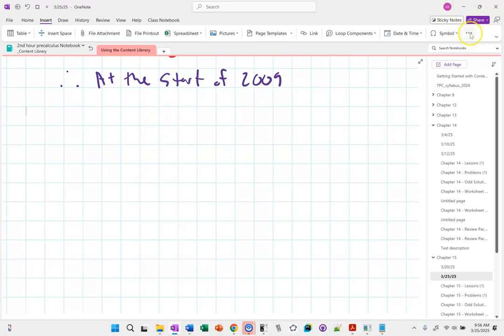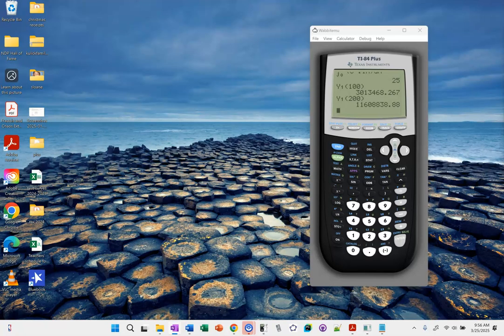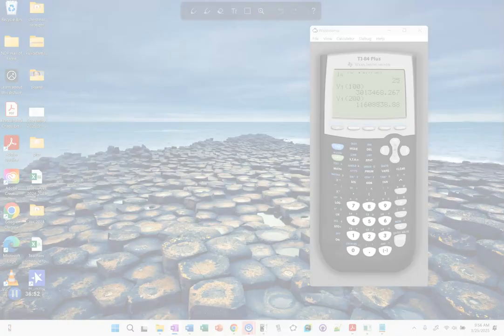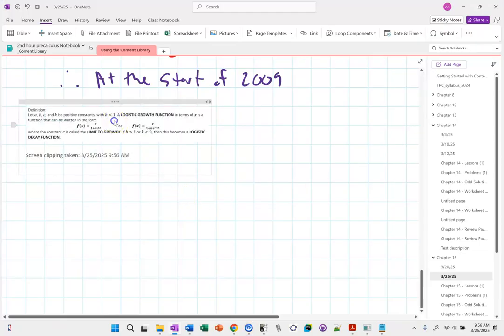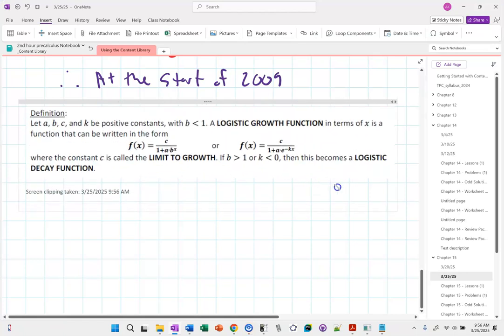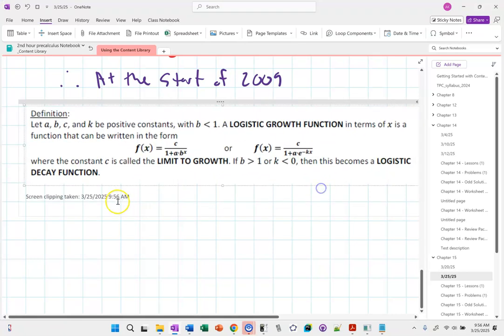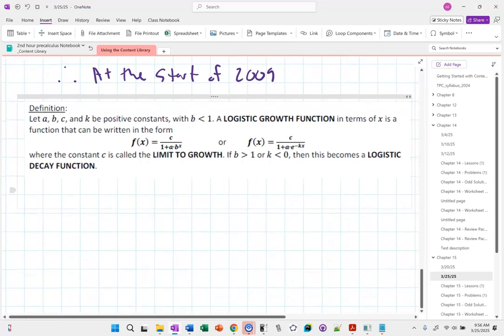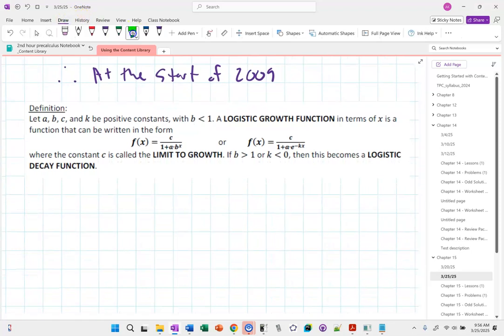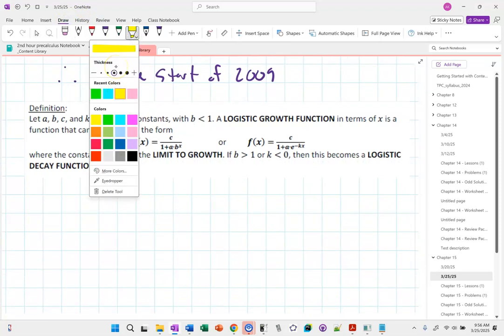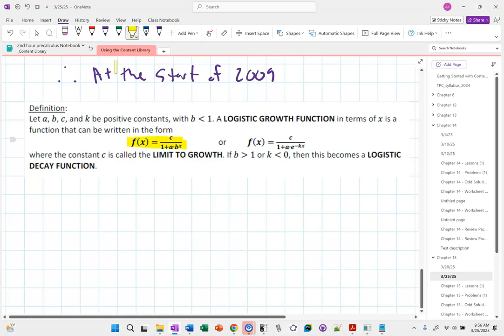So what we want is ideally a model or a type of function that will do a better job of describing that kind of behavior. The idea here is that we'll have something called a logistic function. These are our two different versions of our logistic function.